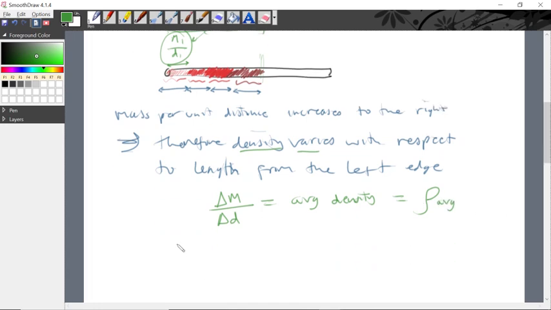And then if we take the limit of this as delta D approaches 0, on a variable function, that would be a derivative. We can interpret this as a function of the distance we select as the instantaneous rate of change. In this case, since we're doing this in just one dimension, we're going to call this the linear density function.